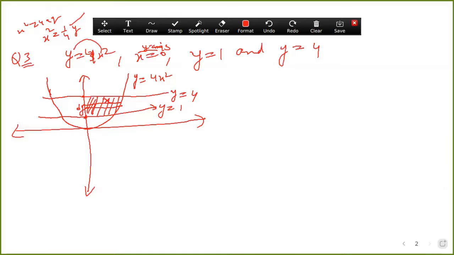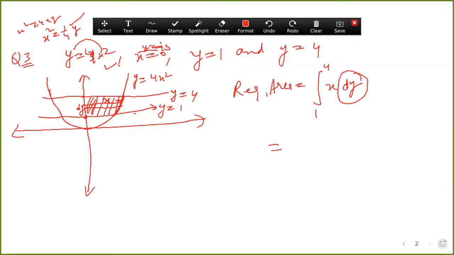x. So if you are taking the limit from the y-axis, then the required area will be equal to integration from 1 to 4, and this will be x dy, because the limit you are taking from the y-axis is from y equal to 1 to 4. So what is x? X means the area under this curve. The curve is a parabolic curve. What is the value of x here?